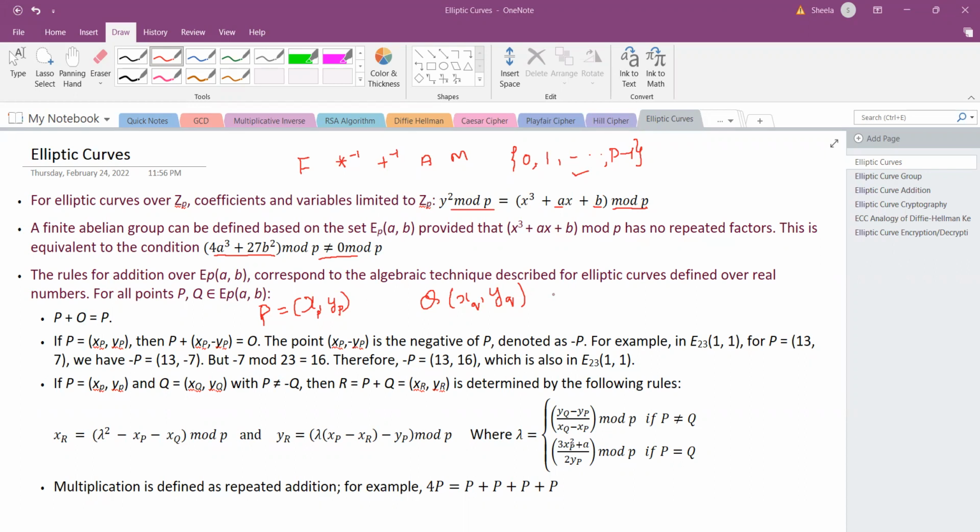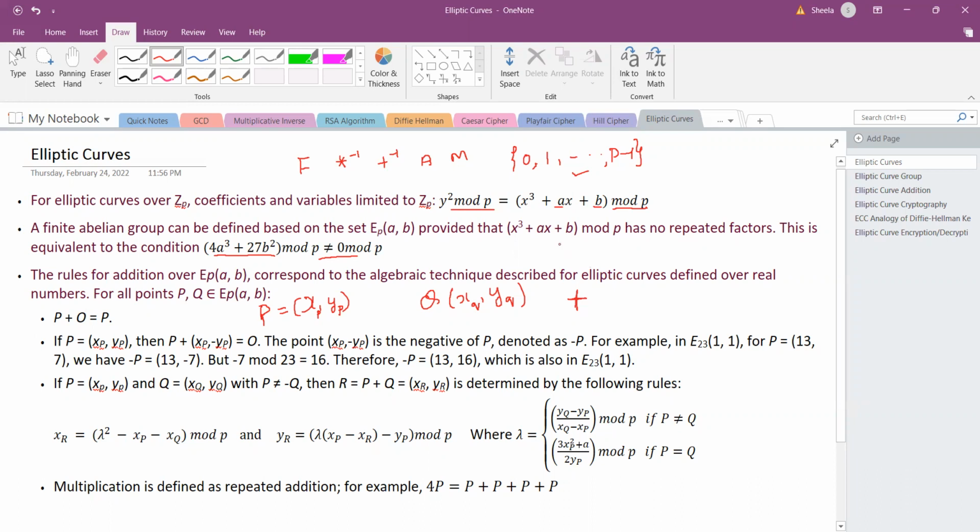And if we want to perform any operation, that is, addition of 2 points or multiplication of 2 points, we should consider how to perform addition. Certain rules are followed. Here we are going to consider the following four rules for addition.